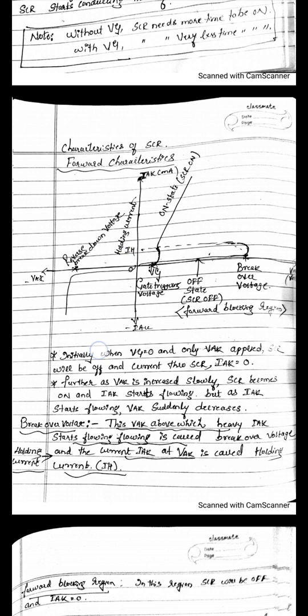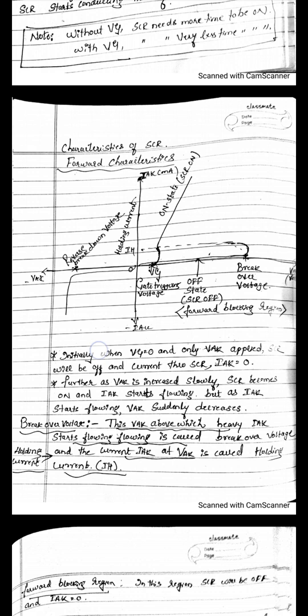If you consider a current below this level IH, SCR is off, you can see. Only at this and above this SCR is on. So what is holding current? The minimum current required to hold the SCR in the on state. This you have to explain.